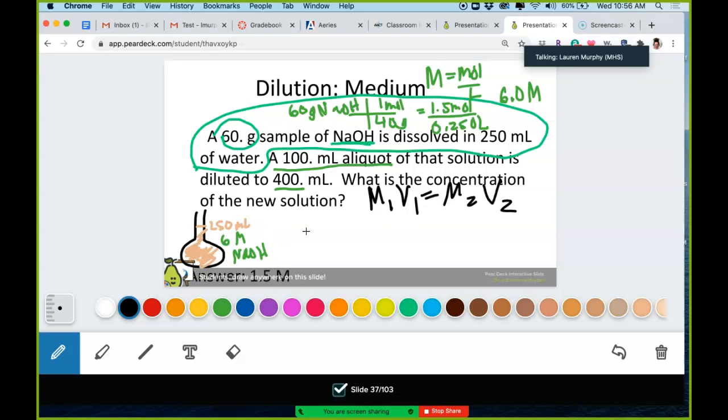So now they've taken a sample of this, specifically 100 milliliters of it. They put it in here, and then they dilute to, obviously with water, the 400 milliliter mark.